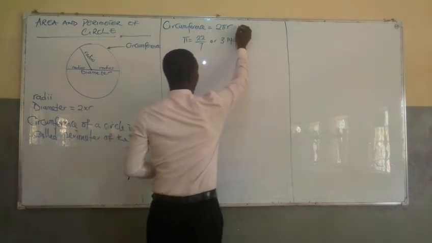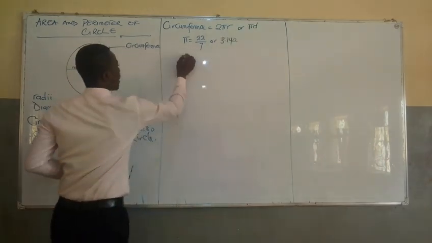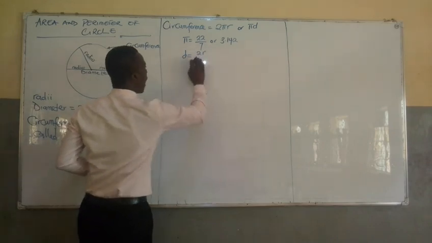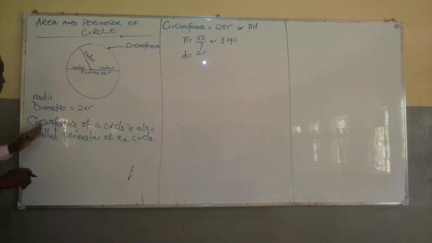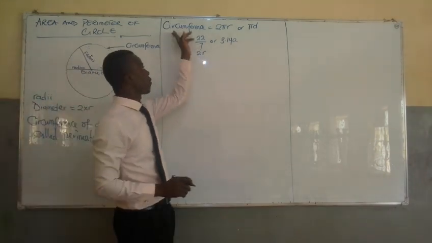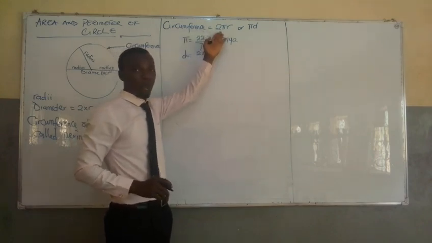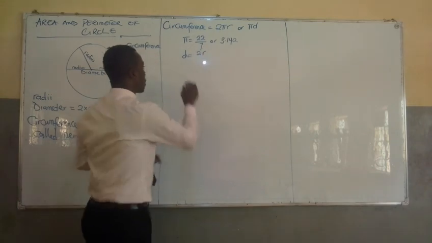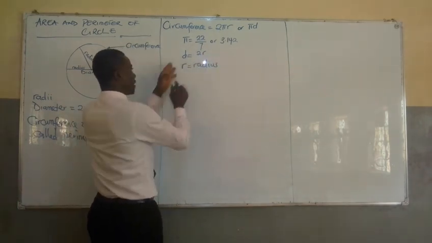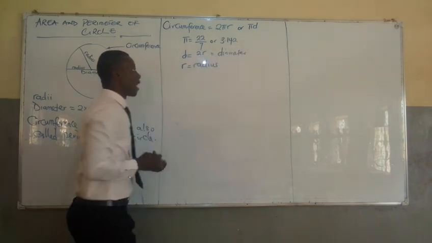Now you can as well have pi d. My d there is 2r. Remember, d stands for the diameter, 2 times r. So the formula for calculating the circumference of a circle, you can either use 2 pi r, where r stands for the radius, while d stands for the diameter.